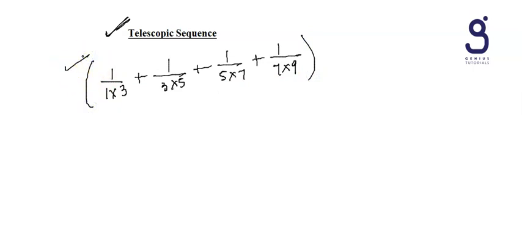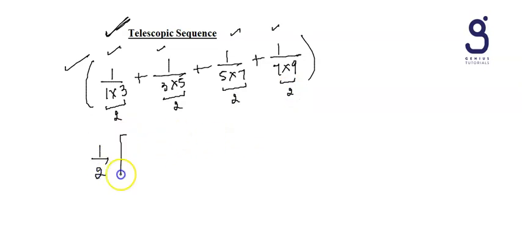Okay. Now, if you see the pattern, the difference between these two terms in each of the fractions is 2. Now here the difference is 2 in each of the products, so we can just multiply and divide by 2.